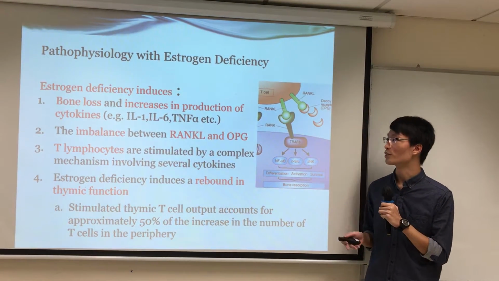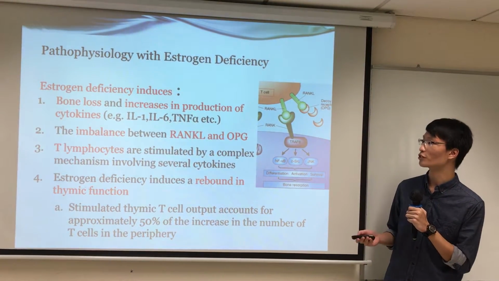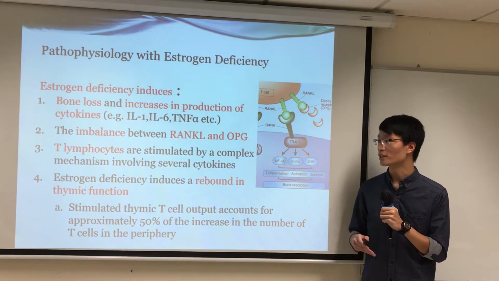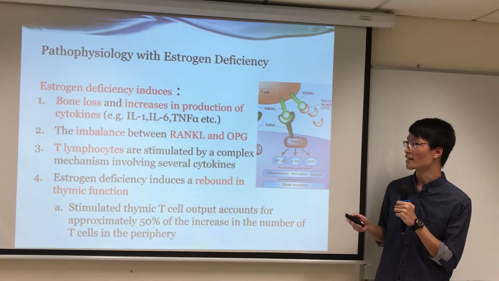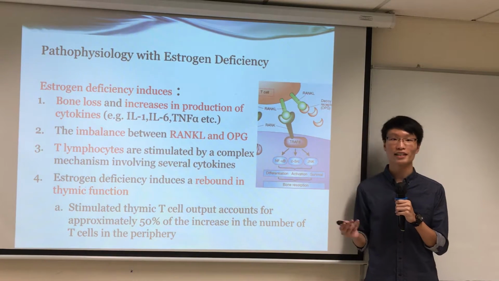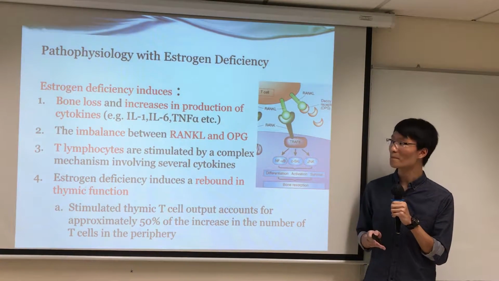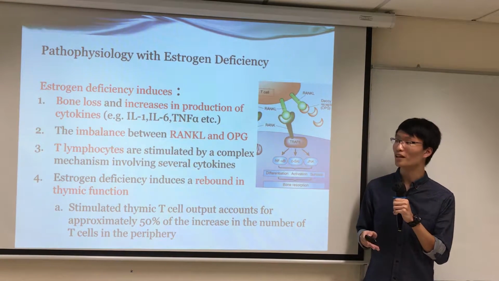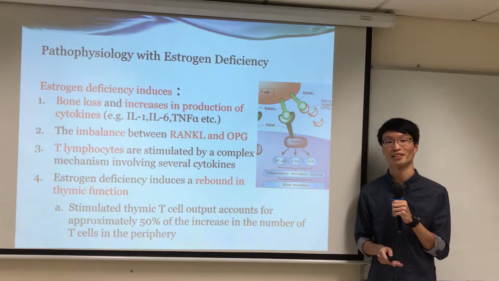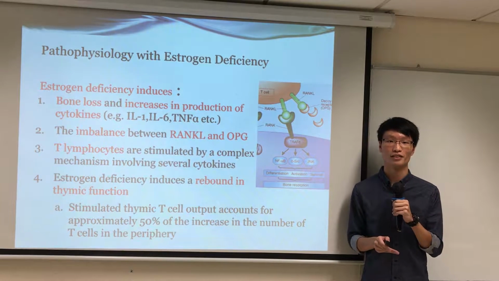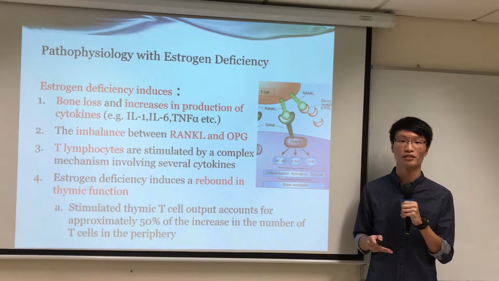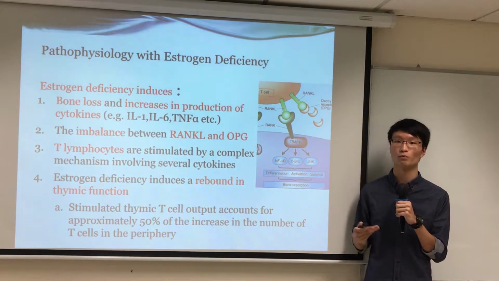Estrogen deficiency will induce bone loss and an increase in the production of cytokines, and there will be an imbalance between RANKL and OPG. RANKL is a member of the tumor necrosis factor superfamily, and it has been identified to affect the immune system and control bone regeneration and remodeling.